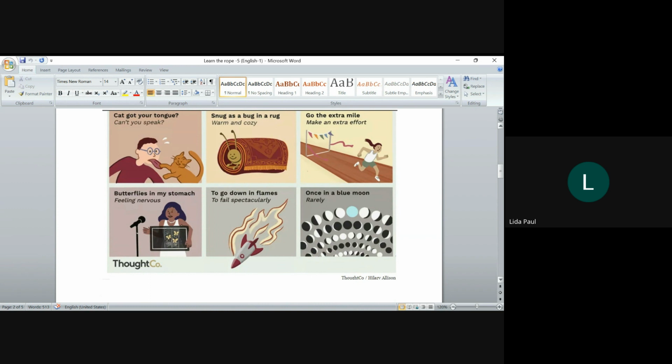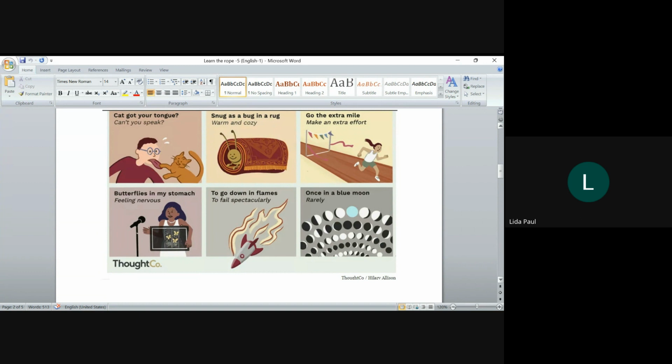And then once in a blue moon, you know what the thing is. It is usually used to refer to an event or an appearance that happens very rarely, right? Something that is not very common to be seen everywhere. So that is your once in a blue moon.